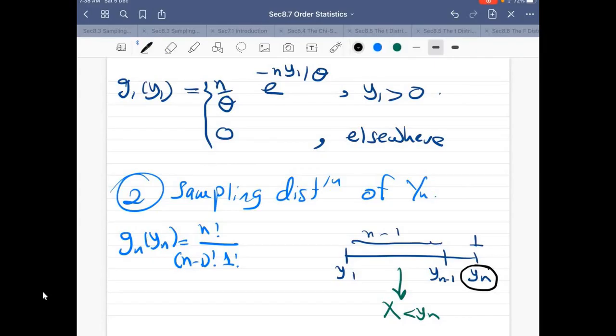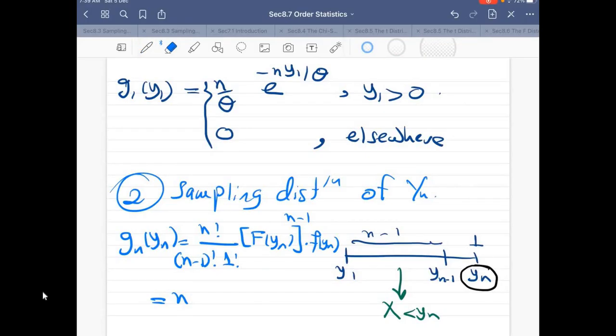So the probability of less than y sub n will be, you know, a CDF. This will be the CDF, F capital, at y sub n power n minus 1 into density at y sub n. Okay, so this will simplify to n into F capital at y sub n power n minus 1 into f of yn.